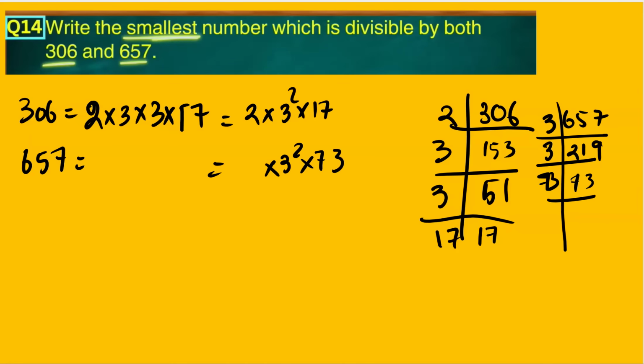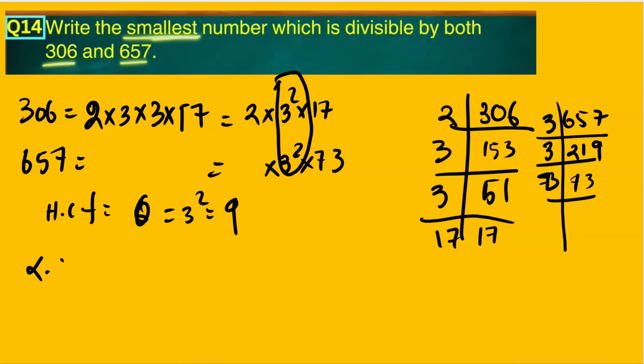So we have to find the smallest number which is divisible by both 306 and 657. So if we determine the HCF, what will be our HCF? HCF will be 3 to the power of 2, that is the only common thing. So HCF is 3 squared, which is 9, not 6.